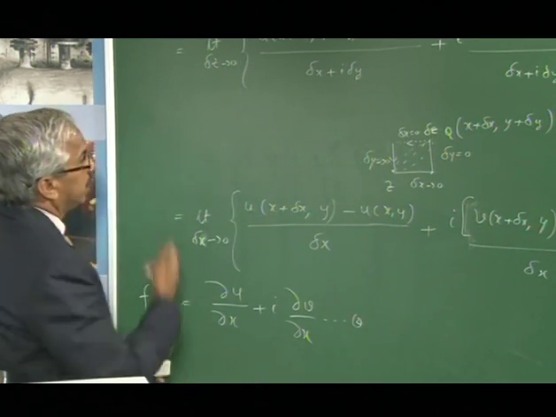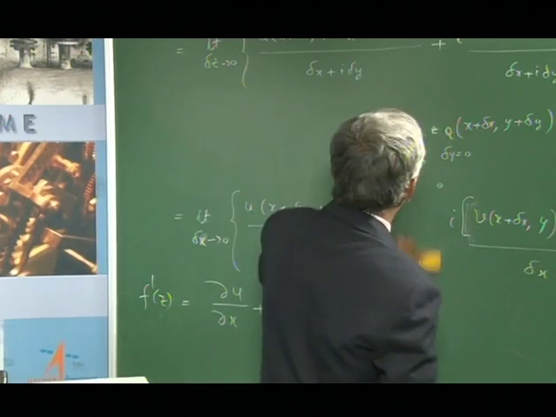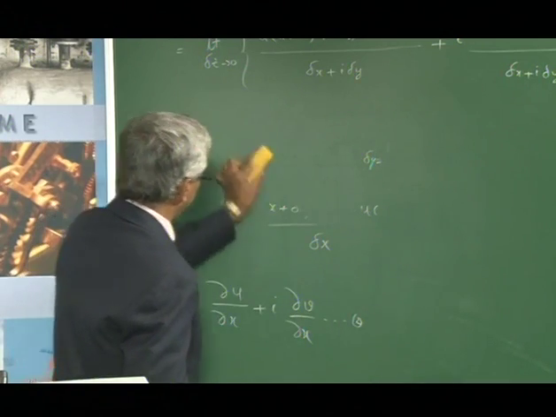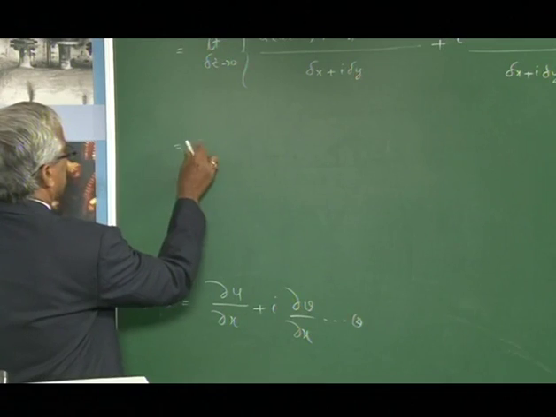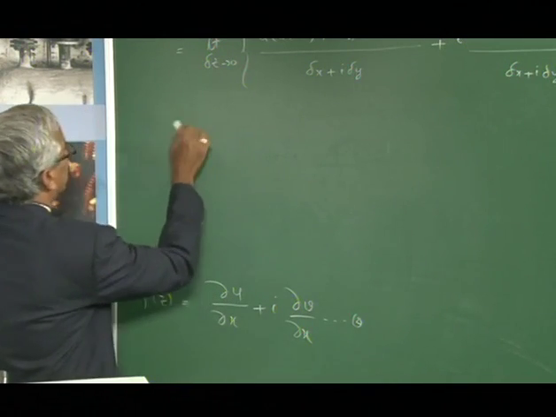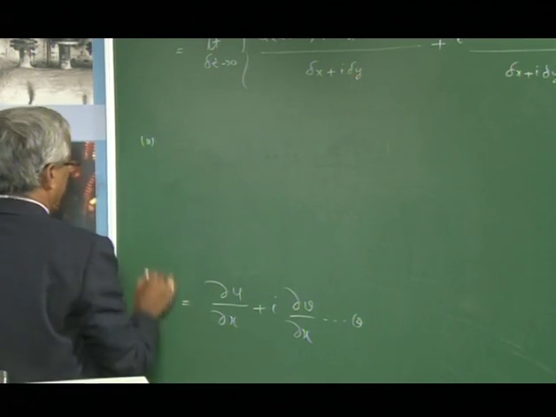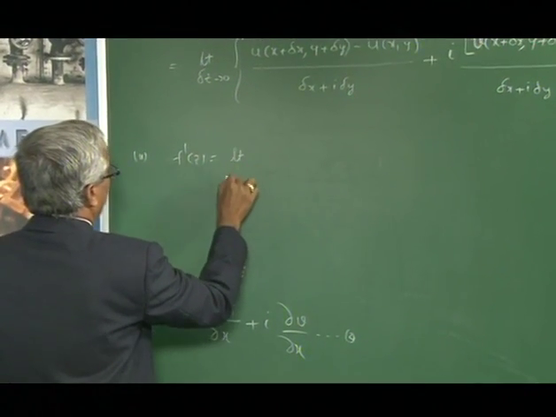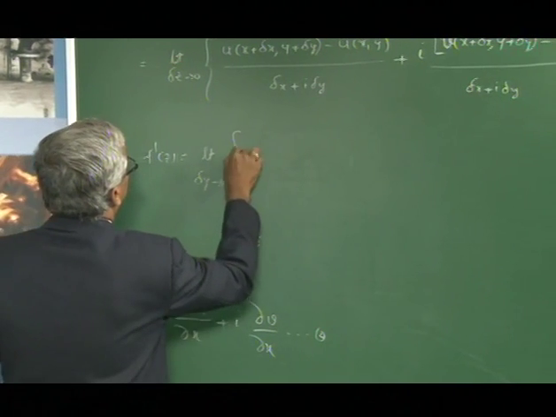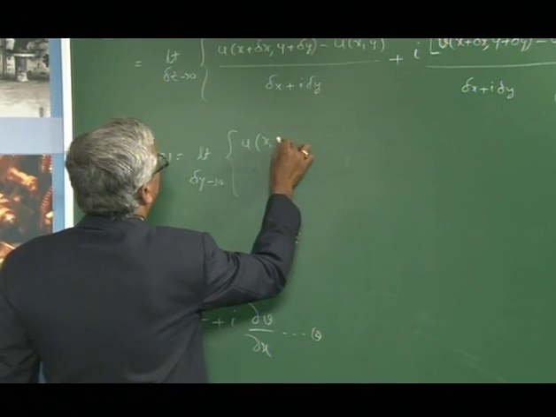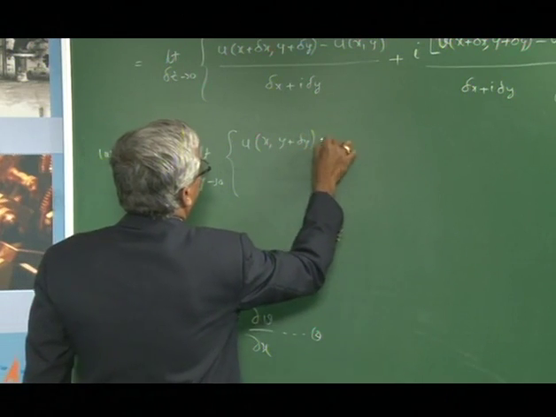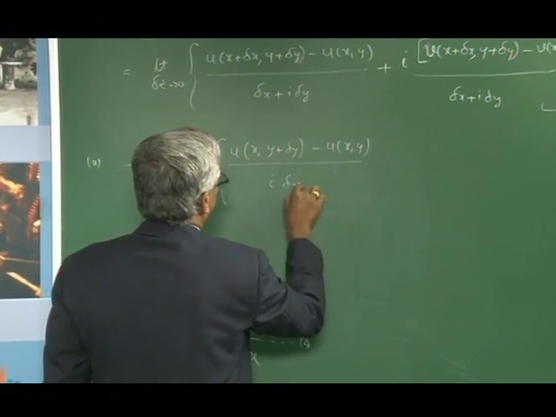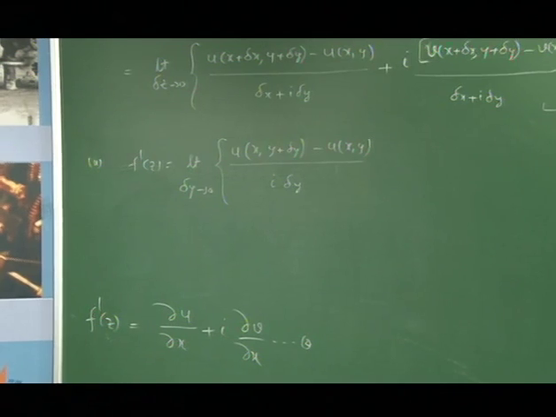If that is the case, then the above expression gives the following. From the first case we have taken, f'(z) is equal to the limit Δy tends to 0 of [u(x, y+Δy) − u(x, y)] divided by iΔy, because Δx is equal to 0 here.